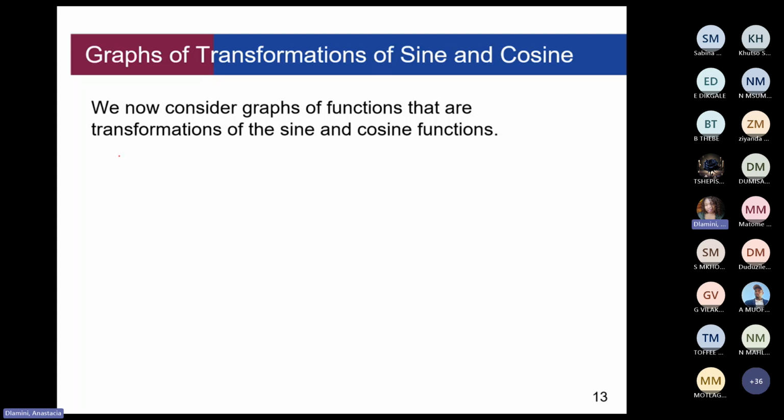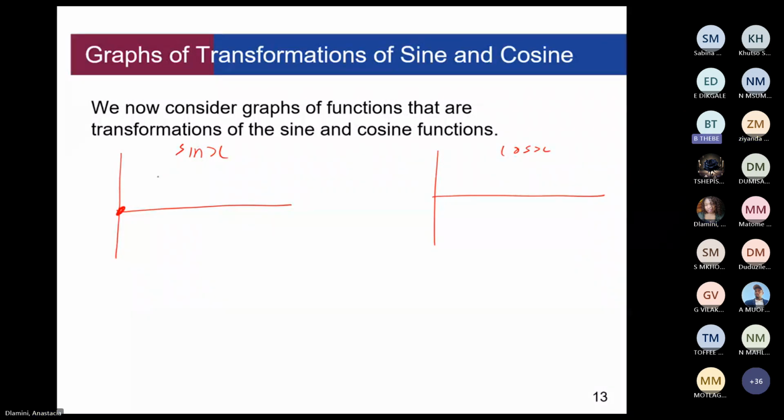Sine of x, let's draw it one last time. Cos of x, help me to sing it. With sine, where do we start? 0. Then 1, pi over 2, then 0, then -1, then 0.